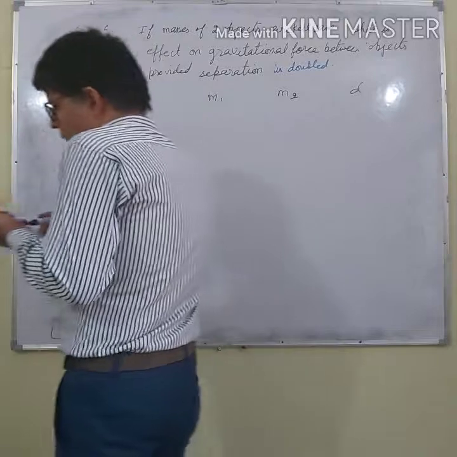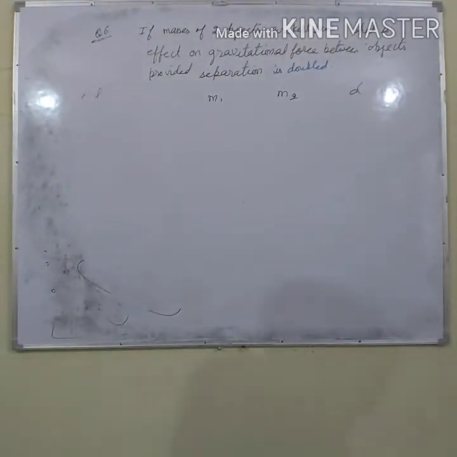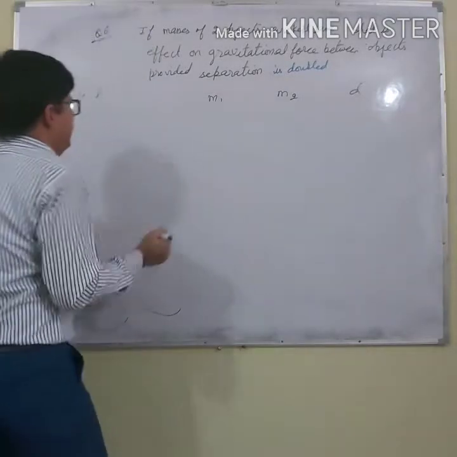So in this case, separation is doubled but masses are remaining same. So what will be the effect?